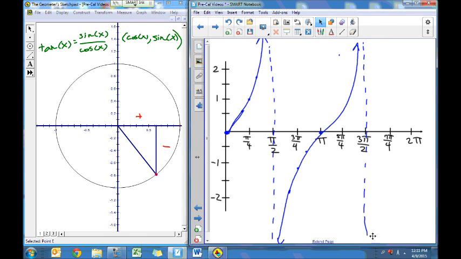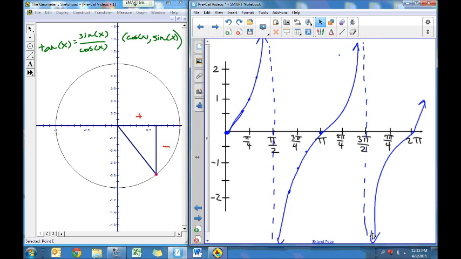It'll again have an asymptote, and it'll hit 0 at pi halves. Yes, something like that. So that will be the graph of tangent of x.